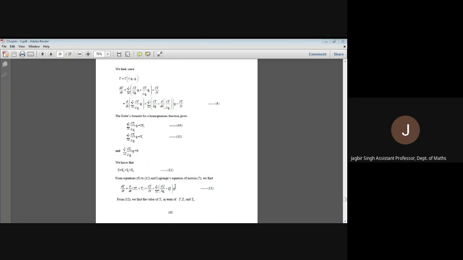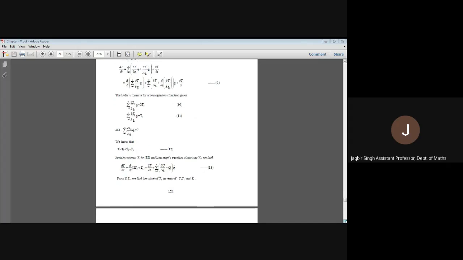So in equation number 13, the third summation is due to the second summation in equation number 9 and equation number 7, plus ∂T/∂t as it is. Again, find T2 from equation number 12. It will be T minus T1 minus T0. Replace this value of T2 in equation number 13.